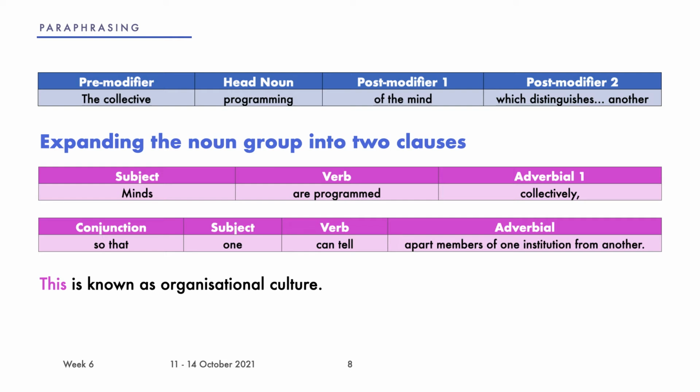Okay, so after finishing the two clauses in the sentence, you can complete the whole idea by wrapping it up and mentioning the technical term again, organizational culture. And then you have the final sentence, this is known as organizational culture. Remember, the function of this is to wrap up everything from the previous sentence, so that this sentence with the determiner this would connect with the previous sentence cohesively.